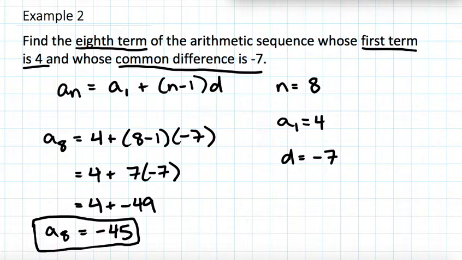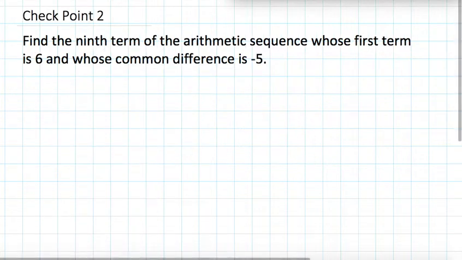That wouldn't have been too much work, but if I wanted to find something like the 100th term, that would take a long time to go through all 100 terms. Whereas with this formula, I just plug in the 3 numbers and then I can get that term directly. So next you should look at checkpoint problem number 2. Do this in your notes, check your answer, and then move on with the rest of the video.